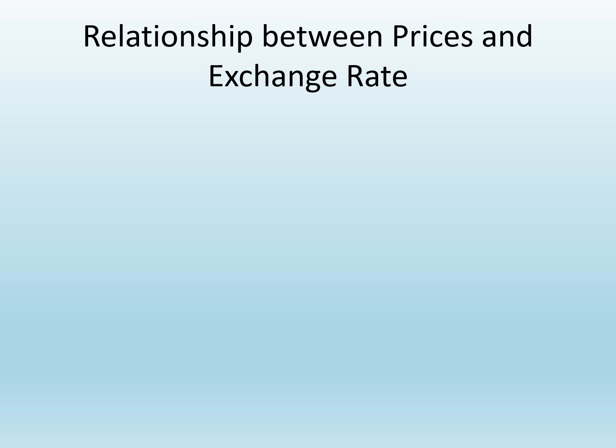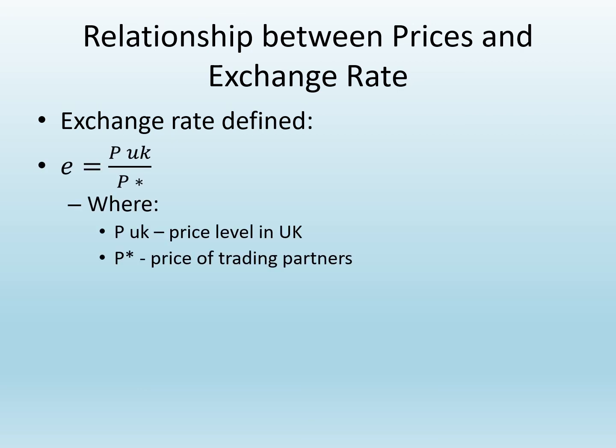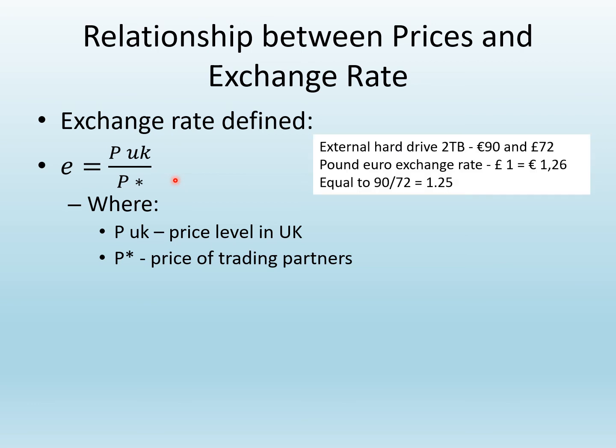In order to understand the problems we've got with the commonly held view between a currency depreciation and its impact on the competitiveness and growth of an economy, we need to start off by first of all doing something we haven't done before, and that's to define an exchange rate. And an exchange rate is defined as the price, in this case in the UK, divided by the price of its trading partners. So for example, at the time that this particular recording was made, one could buy an external hard drive for about €90 in Rotterdam and about £72 in the UK.